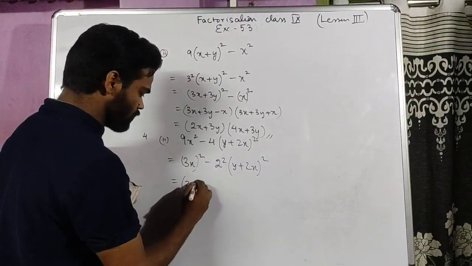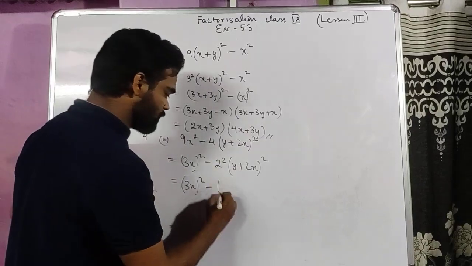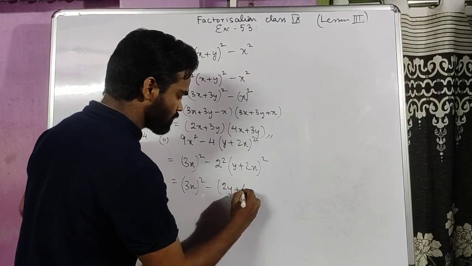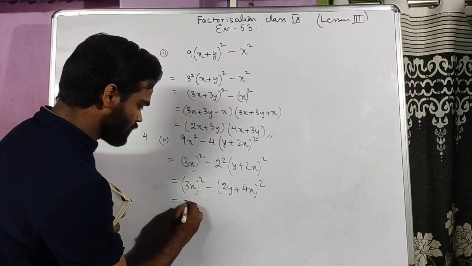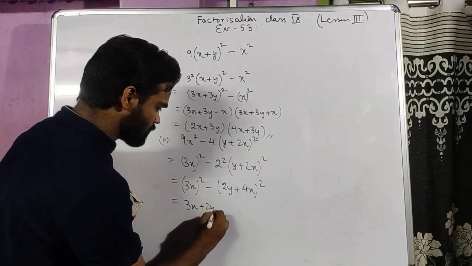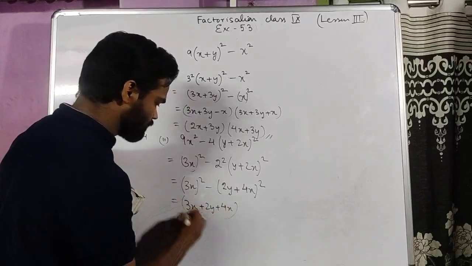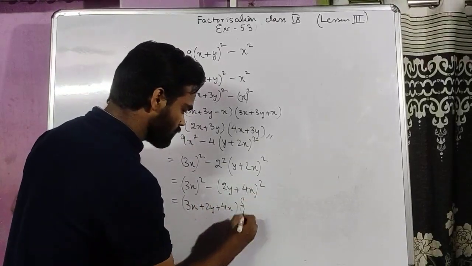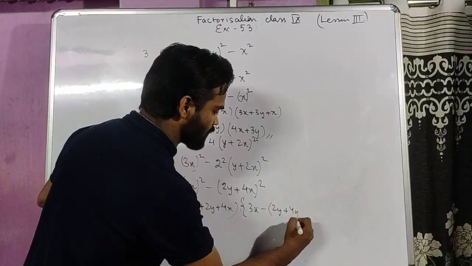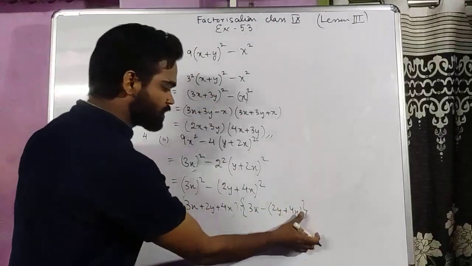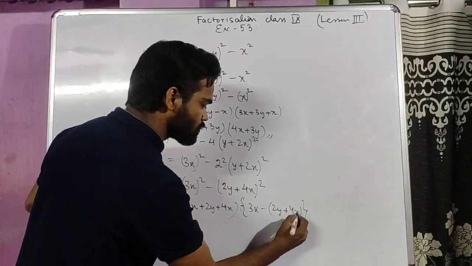Now this will be 3x whole square, 2 goes inside, it becomes 2y plus 4x whole square. Now this becomes a plus b and a minus b. I've used a bracket because there are two terms which I need to solve.